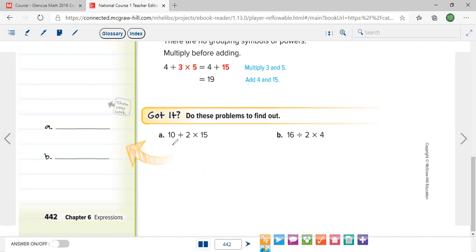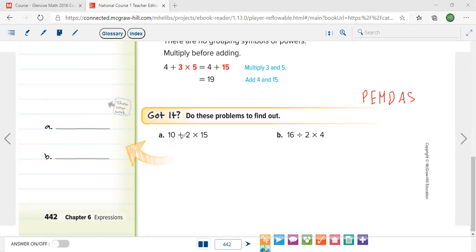So do not make the silly mistake of saying, oh, 10 plus 2 is 12 and 12 times 15. No, sir, this is completely wrong. Why? Because you need to follow the order of operations. Let me write it for you, the PEMDAS rule.